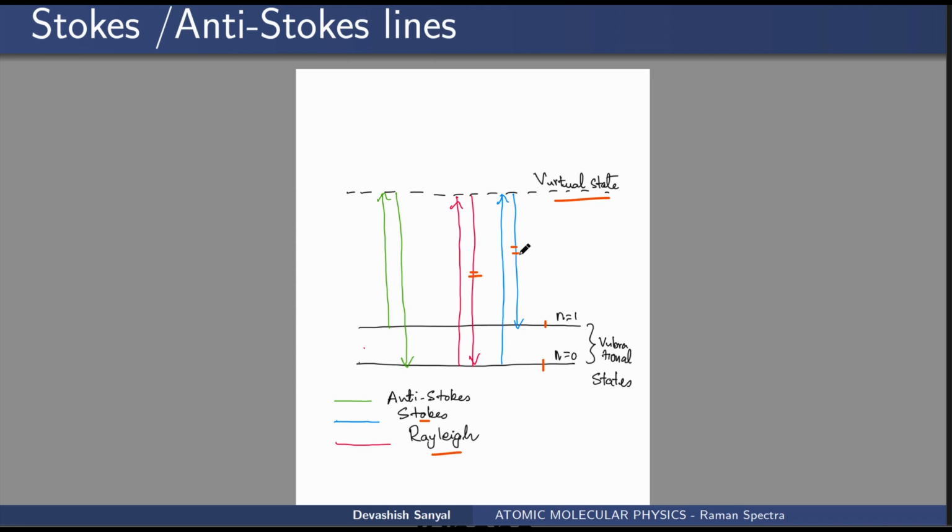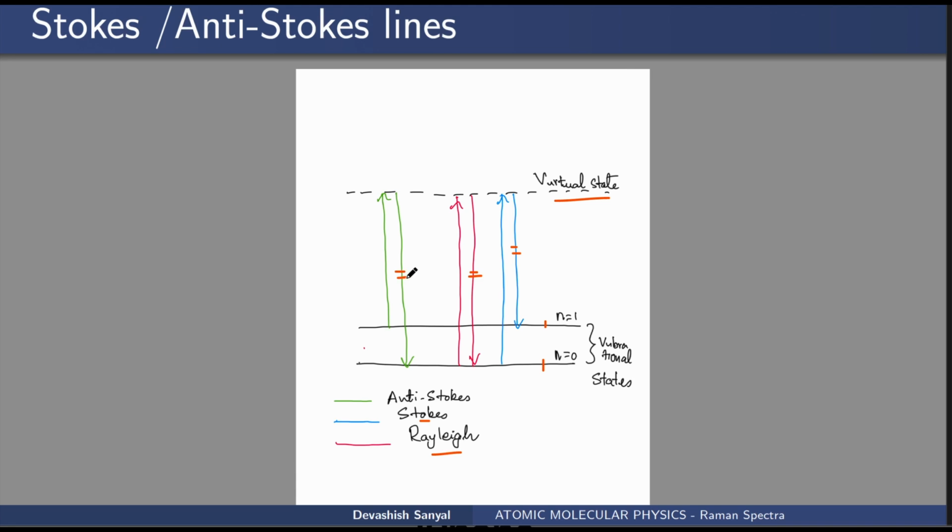than the Rayleigh. Okay, so this is called the Stokes, and we have anti-Stokes, that is, suppose from n is equal to 1, the molecule is excited to the virtual state, and then it falls back to n is equal to 0. So this line is emitted.